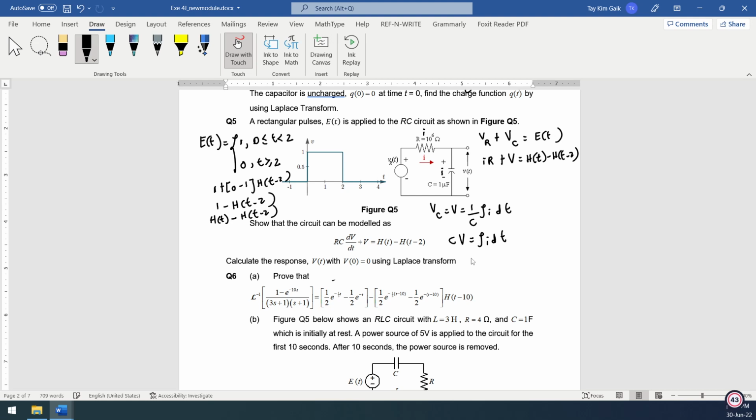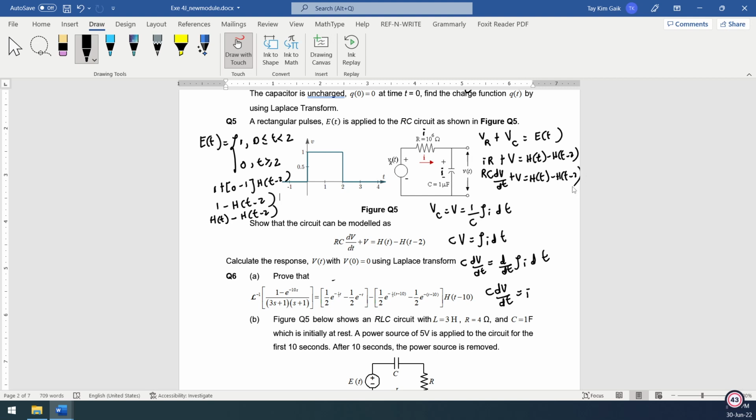Taking d/dt on both sides, where C is constant, I get C dV/dt equal to d/dt of the integral of I dt. So C dV/dt equals I, because when d/dt meets the integral dt, we get back I. That's why I is actually C dV/dt, so you get RC dV/dt plus V equal to h(t) minus h(t minus 2).